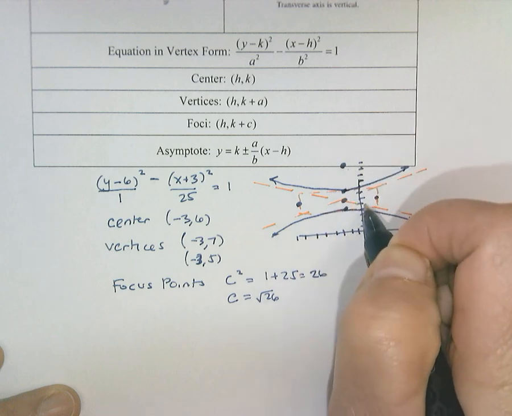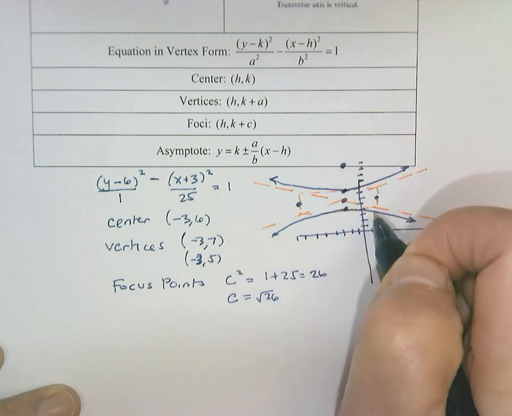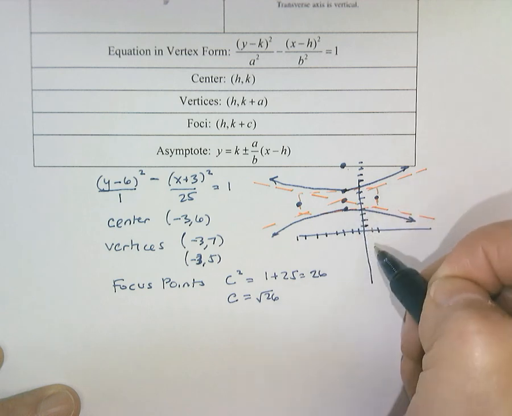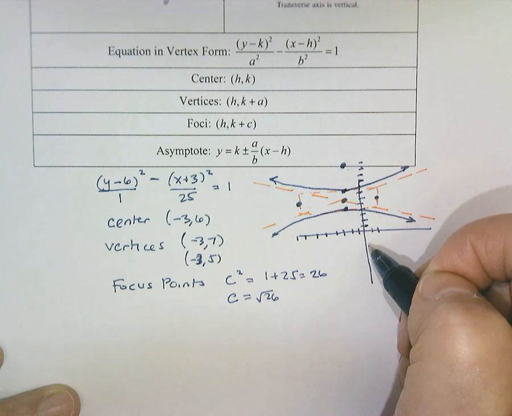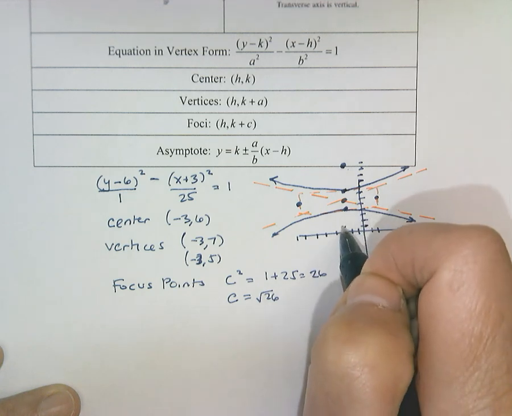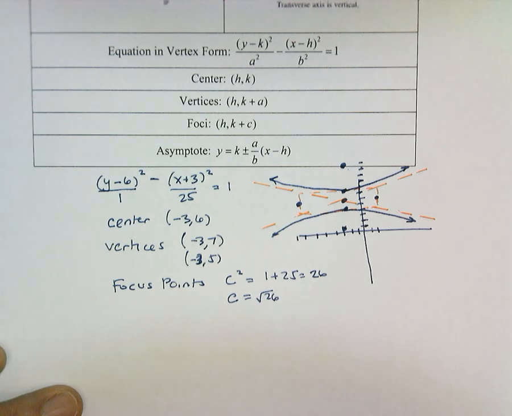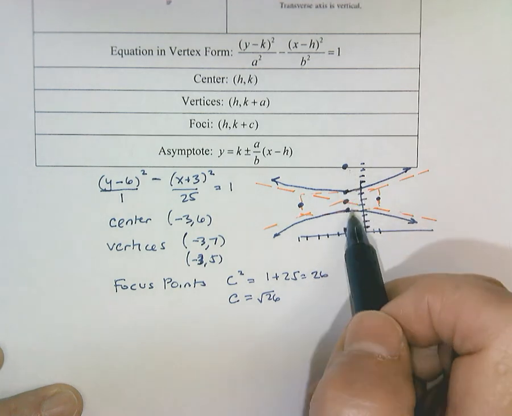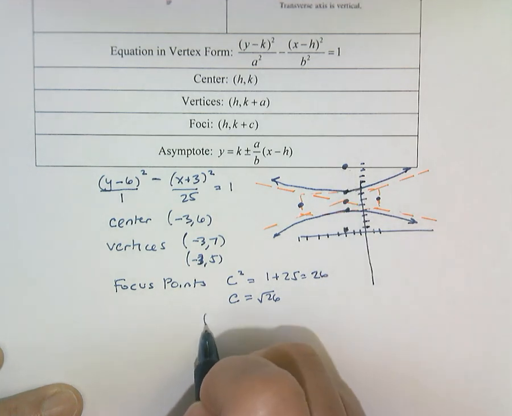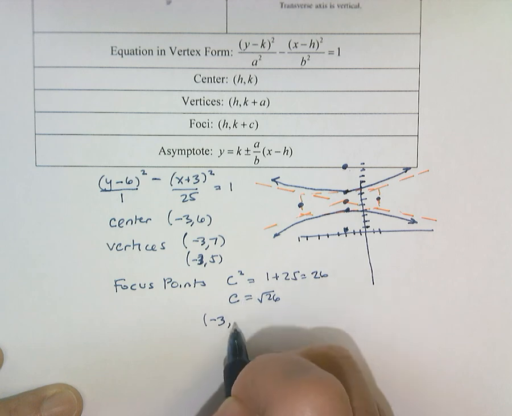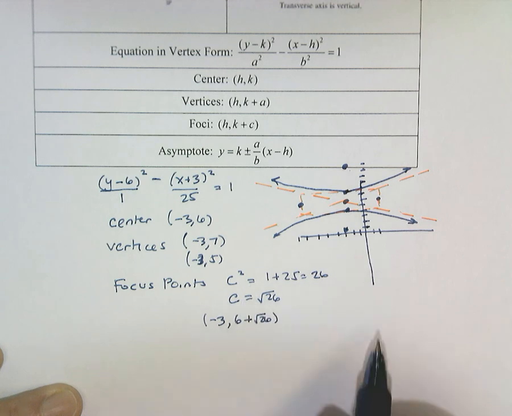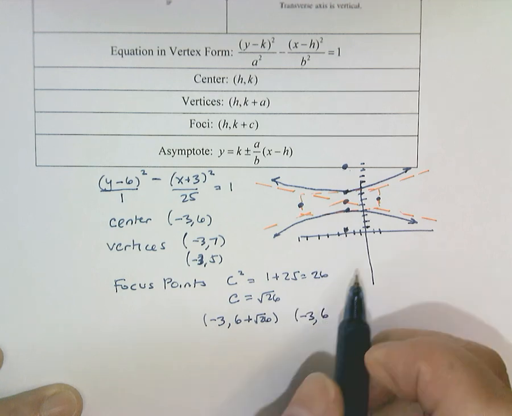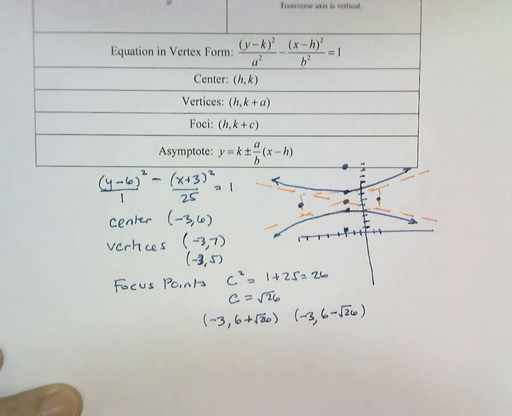And down from the center, 5. 1, 2, 3, 4, 5, about right here. My scale is bothering me a little bit. It's hard to see. So then this focus point here is going to be the point -3, and then 6 plus the square root of 26. This focus point here is going to be -3, 6 minus the square root of 26.